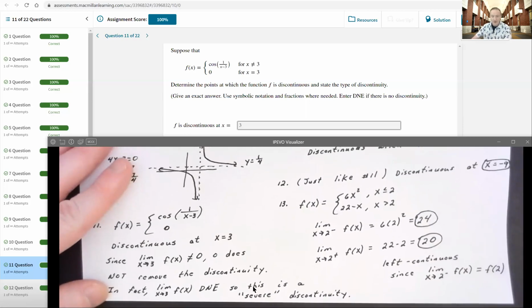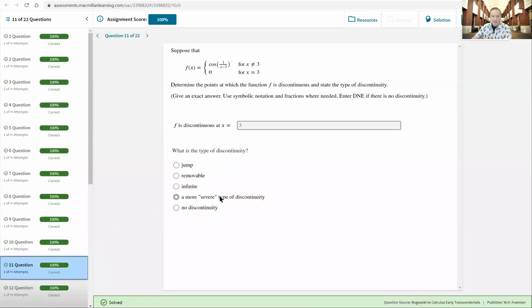This is just what's called a severe discontinuity because the limit from the left and the limit from the right don't even exist. So no matter what value of y we let x equal 3 have, it's irrelevant. The limit doesn't exist. So we call this a severe discontinuity, and you'll see that that's the way I answered it here. I don't think there's any problems in the book that model that type of question.